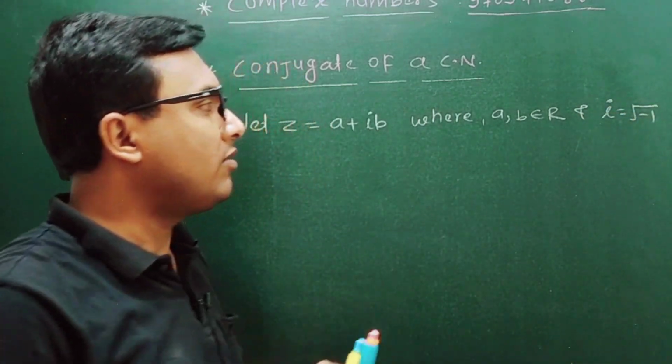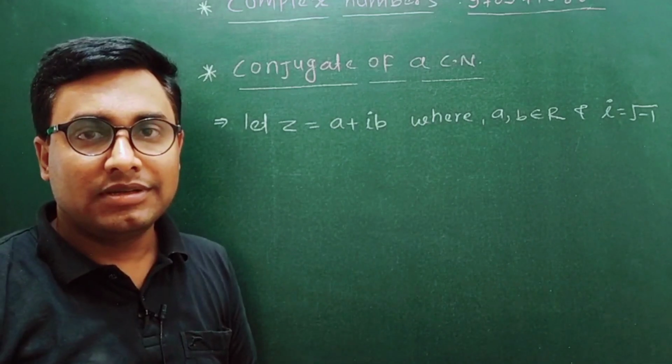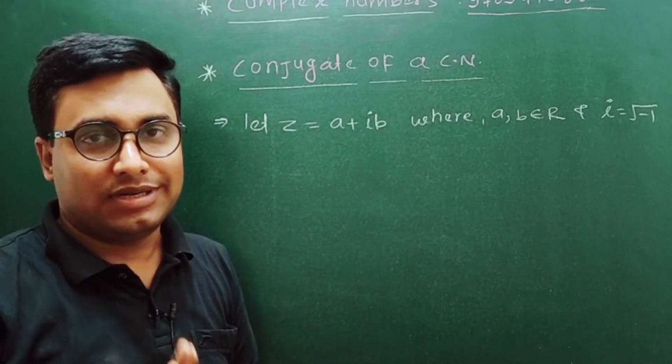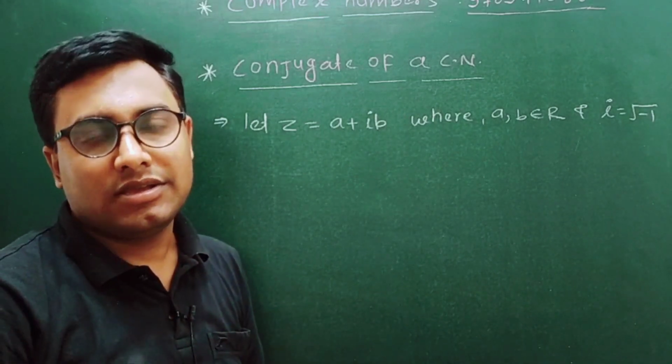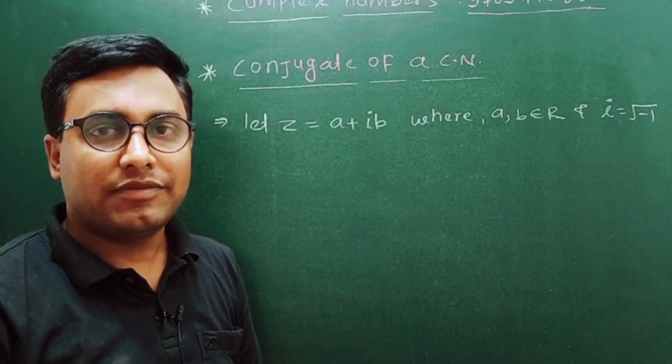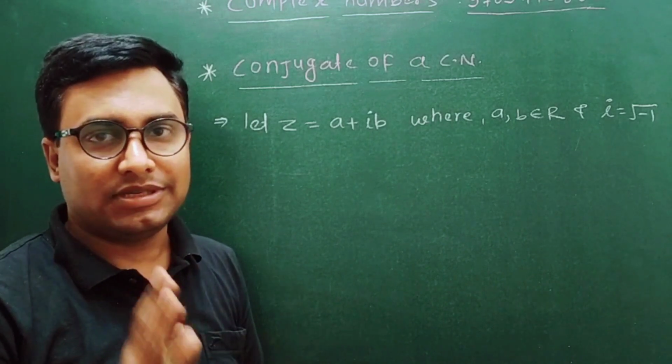That means we know iota is an imaginary number equal to root under minus 1. Right. All videos are available in the playlist. You can watch the videos and get the full concept of this chapter, complex number.